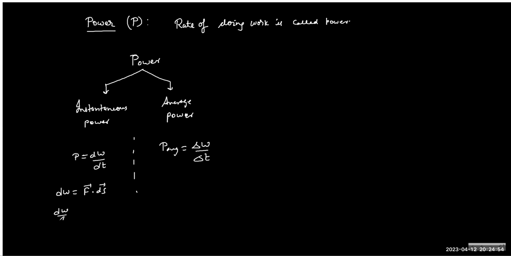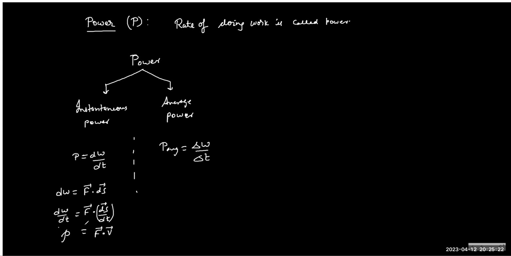So dW by dt is how much? F dot ds by dt. So by definition, what is ds by dt? It is velocity.